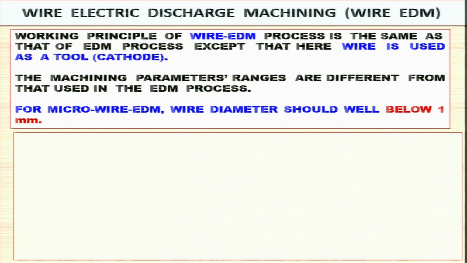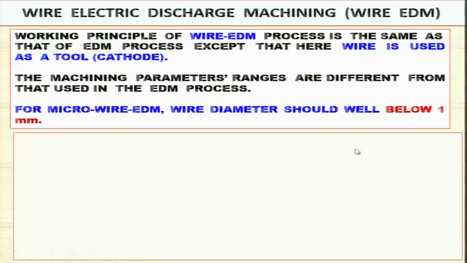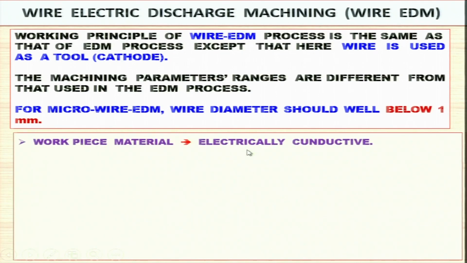The machining parameter ranges are different from those used in the EDM process, because EDM normally is used for macro, while wire EDM or wire EDMM is used for micro. For micro wire EDM, wire diameter should be well below 1 millimeter. Why? We will discuss it later.